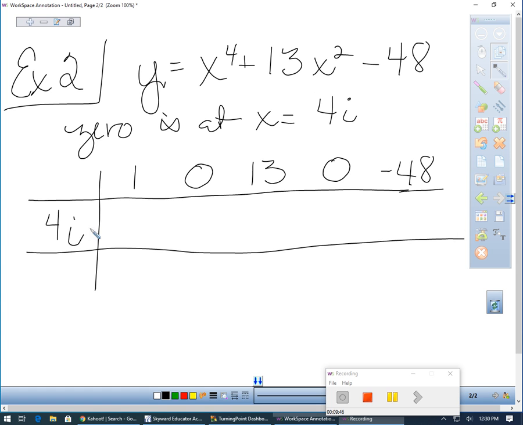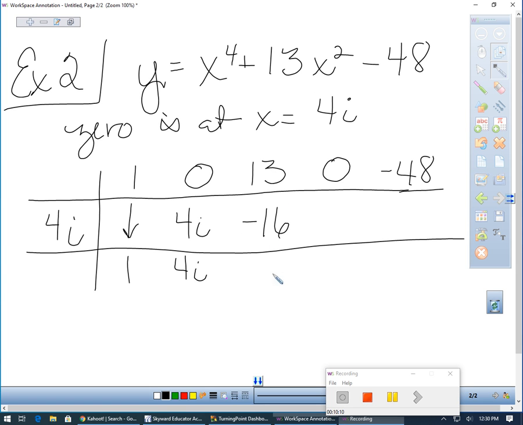All right. In synthetic, we bring our first one down. Then we multiply. 4i times 1 is? Good. And we add these together. 0 plus 4i is 4i, right? Now, what's 4i times 4i? Yes, it would be 16i squared, which is negative 16.